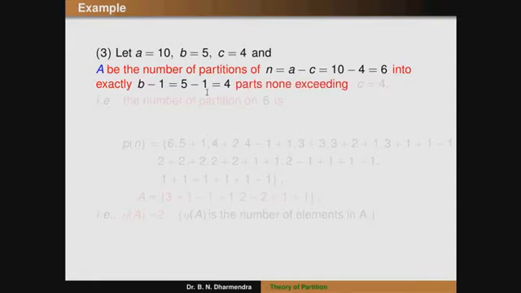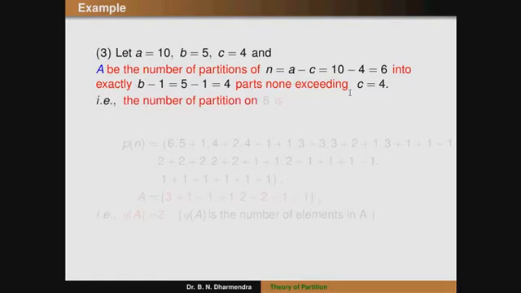None of the parts of the partition is exceeding c, c is equal to 4. So therefore let A be the number of partitions of n. So what is n here? 6. So the number of partitions of n into exactly 4 parts, 6 can be written in terms of 4 parts, none of them exceeding 4.